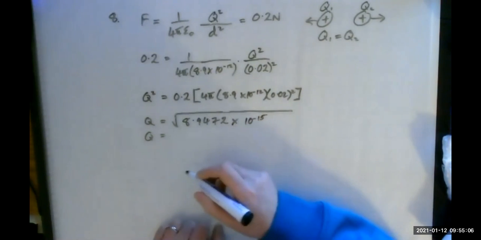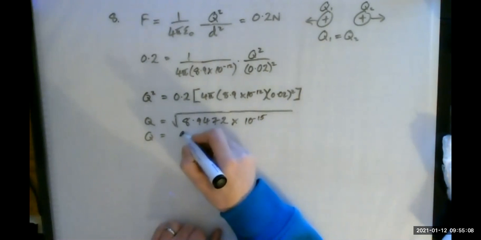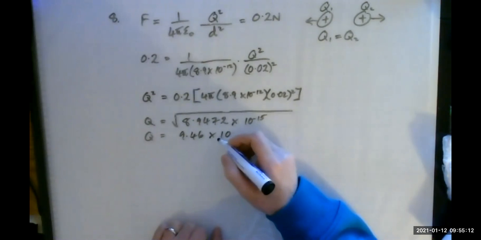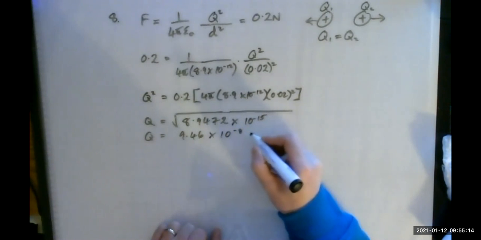Taking the square root, q is about 9.46 by 10 to the power of minus 8 coulomb.